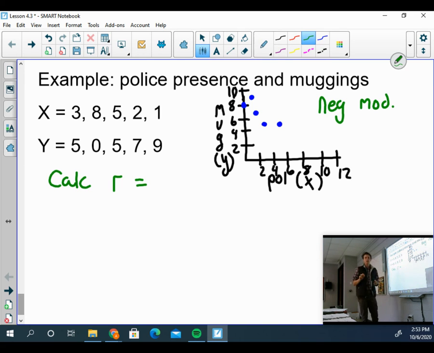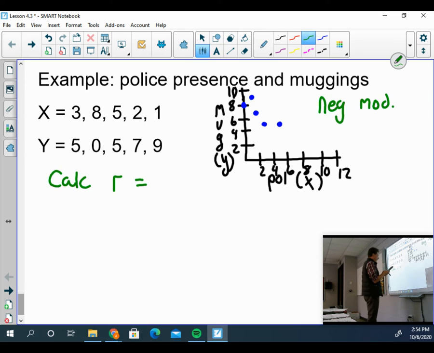Just like you did in 4.2 to calculate your least squares regression line, y equals a plus bx, do the same thing. So I'm going to enter my data into two lists on a calculator. Again, if you don't remember how to do that, look at your formula sheet.